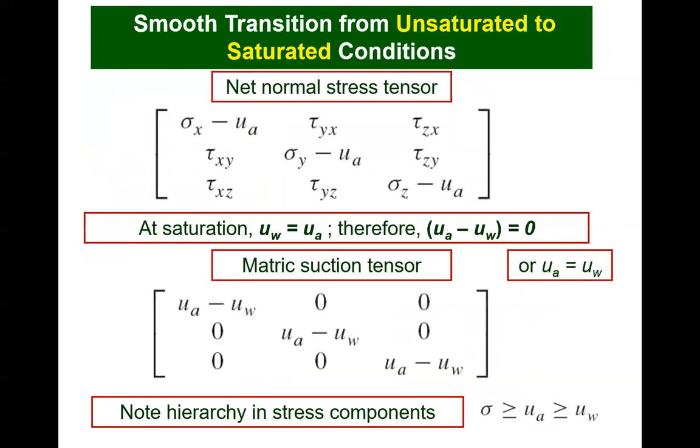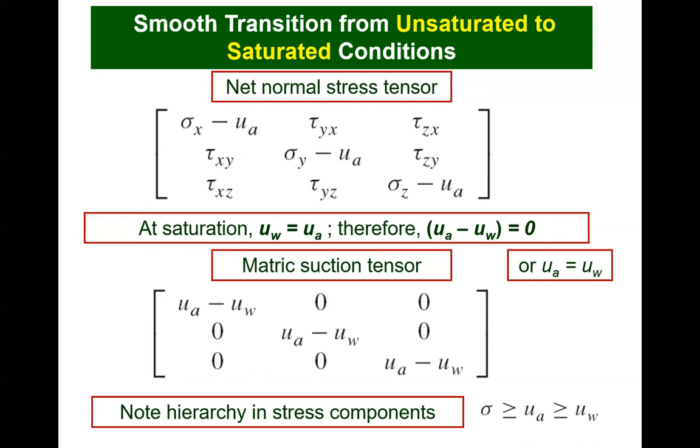It is important to note that there is a smooth transition between the stress state designation for an unsaturated soil and the stress state for a saturated soil, and vice versa. When a soil becomes saturated, the pore air pressure becomes equal to the pore water pressure, and the matrix suction term goes to zero.